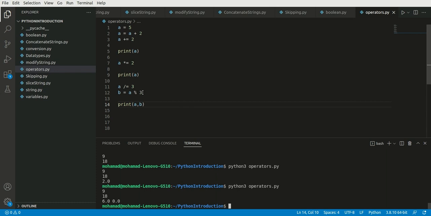So that's just as simple as that. And if you also have A divided by equals by 3, then we'll have 2 and 0.